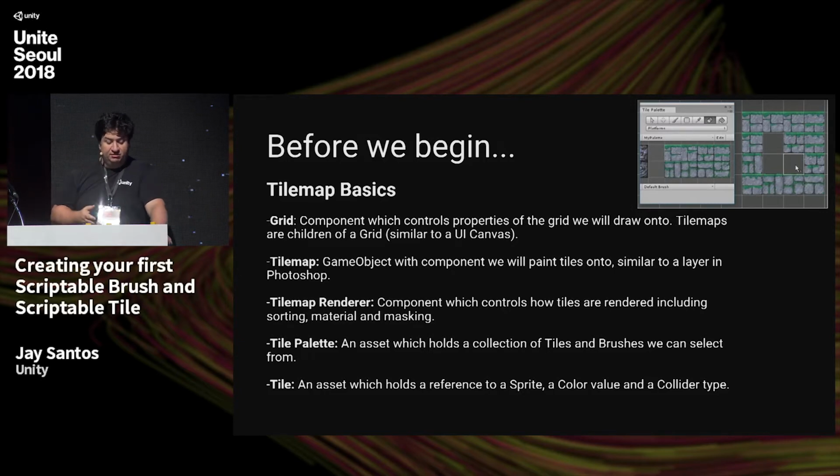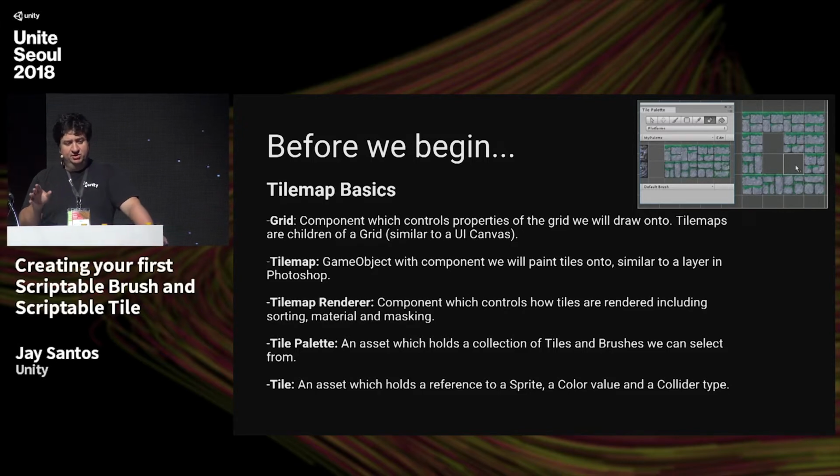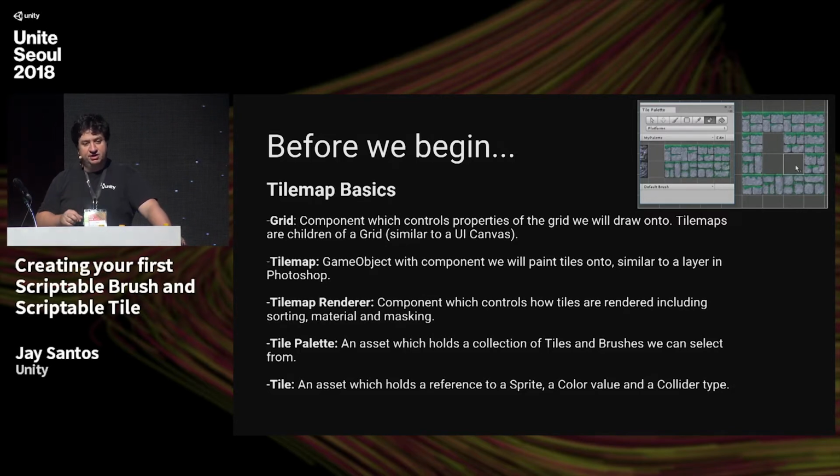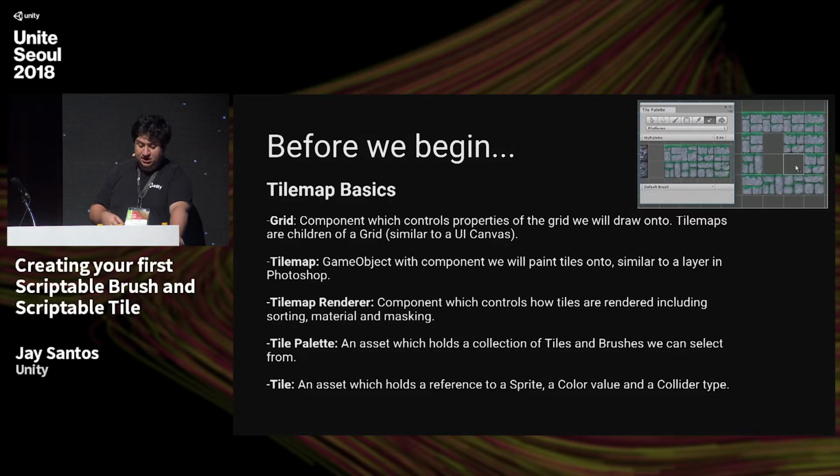The tile map renderer is a component which will actually draw the tiles in your game. The tile palette is the window where you're going to have the tiles available to paint and also the brushes that you're going to paint with. And finally, the tile, which is the asset which holds the basic information you can paint, like the sprite, the color value, and the color type.